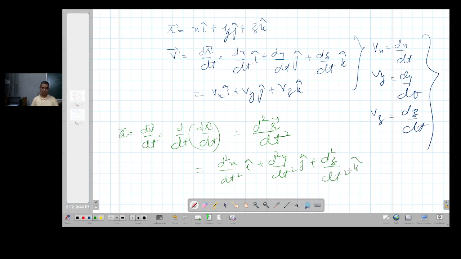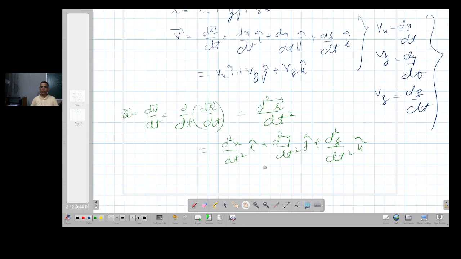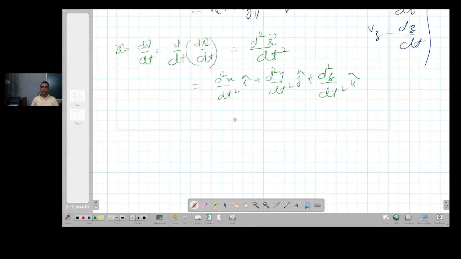So this is the acceleration, which can be written as ax i cap, ay j cap and az k cap. Another example is force, which is basically mass into acceleration, but acceleration can be written as the second order derivative of position. So it is m d square r over dt square, right?